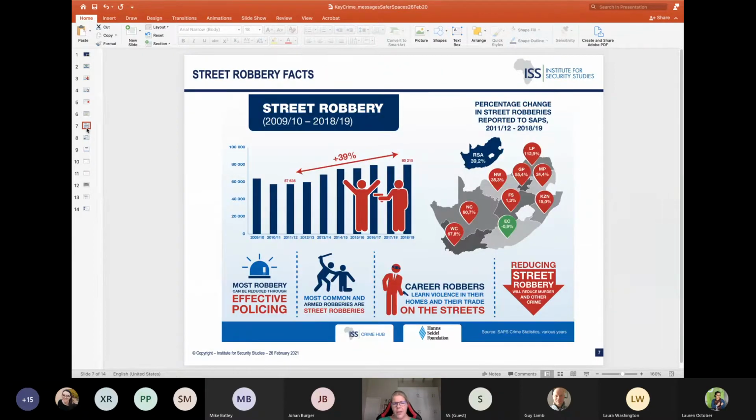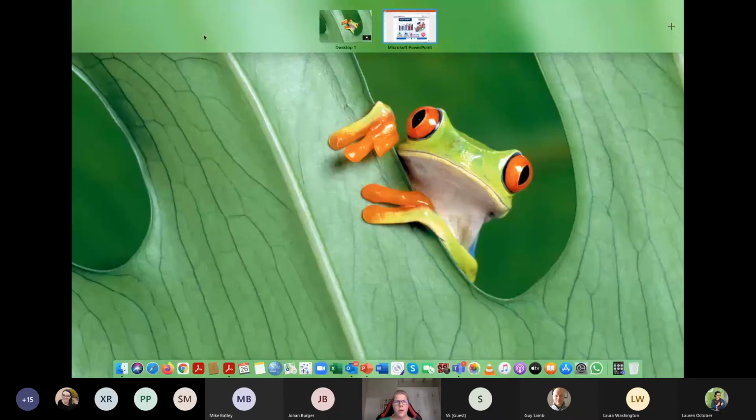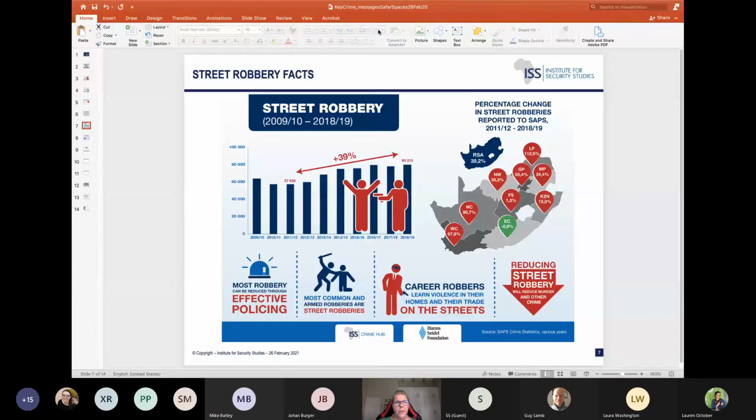Before we analyze why that happens, let's just look at street robbery and the facts around it. Oops, sorry, guys. There we go. This was done a couple of years ago, and we saw these dramatic increases in the previous years. By 2018-19, we saw a 39% increase on average in South Africa, but it varied amongst the different provinces.